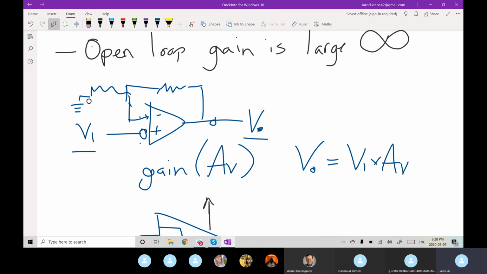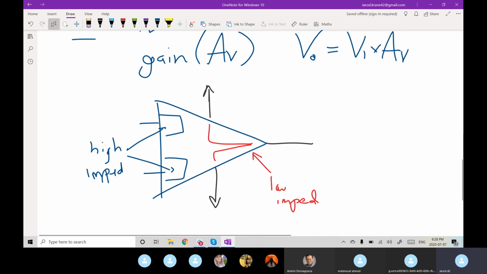And if our op-amp were to eat up some current or add in resistance in any way, that's going to mess with our values, and it's going to produce an undesired gain effect. So op-amps are designed in such a way that they have a large input impedance so that they don't influence the rest of the circuit, but can easily send out the appropriate voltage and currents that are required.